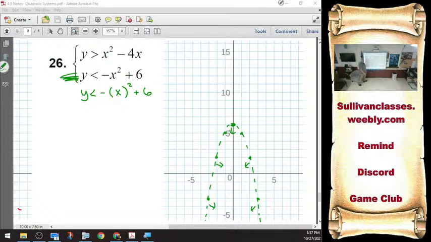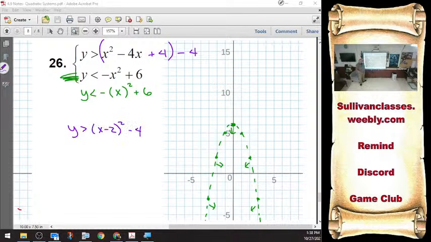Okay, I'm going to show you a quick way to graph the other one. Zoe way. I completed the square. Half of -4 is -2. -2 squared is 4. If I'm adding 4, I have to subtract 4 to balance it out. That is now y is greater than x minus 2, the quantity squared minus 4.